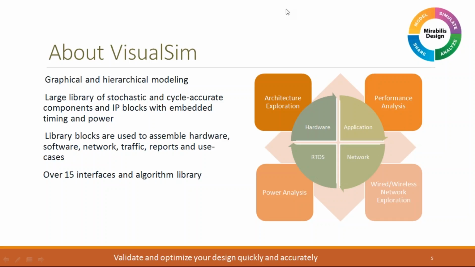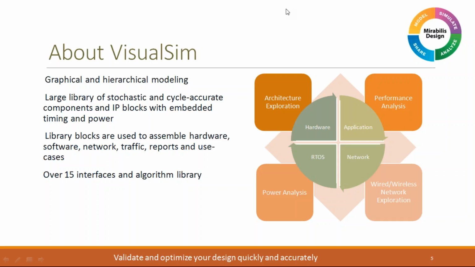And these library blocks are used to assemble your hardware architecture, software behavior flow, network components and traffic scenarios, and the generation of the reports itself, whether it is latency graphs, throughput, utilizations, or some other fault tree analysis reports that you want to capture.